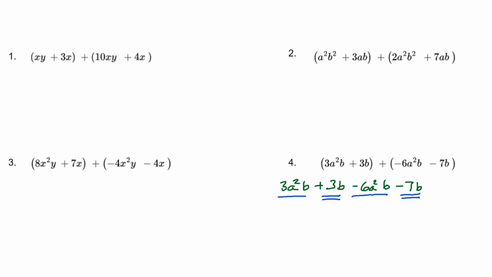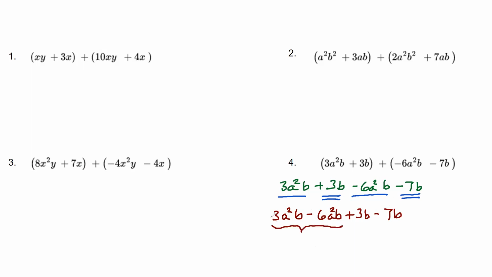I'm going to change my color up here and group the a squared b's together. 3a squared b minus 6a squared b. I grouped the a squared b's together. Now let me group the b's together. Plus 3b minus 7b. We group these together, we combine these two.